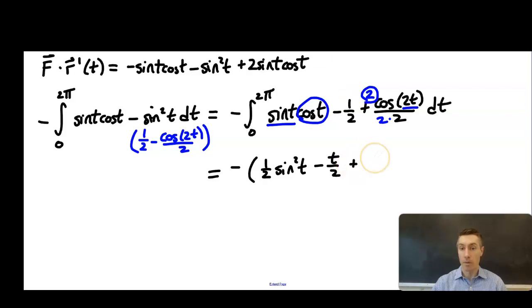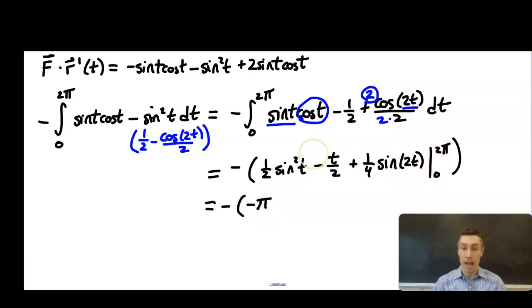So we get plus 1/4 sine of 2t. We're going to evaluate that from 0 to 2 pi. So that's going to be the negation of sine of 2 pi, which is 0, then minus pi, then sine of 4 pi is 0. And if we plug in 0, all three terms are 0. So we just get pi here.